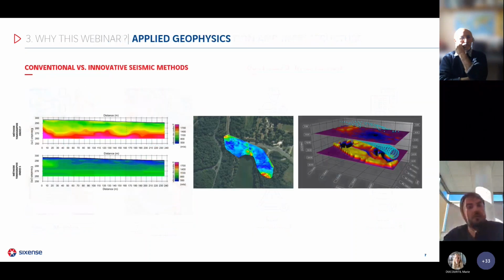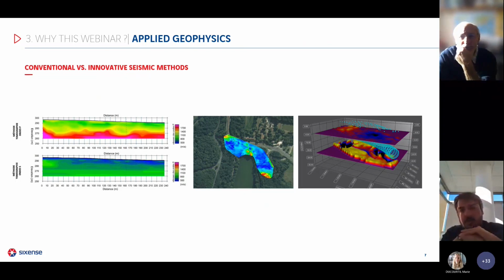Now we will focus on why we decided to do this webinar. It's really simple. Most of you know classic geophysics seismic methods like MASW, refraction, borehole tomography. They are very useful in applied geophysics, but they have some limitations, clearly, notably in noisy areas, and they need a geometric array.